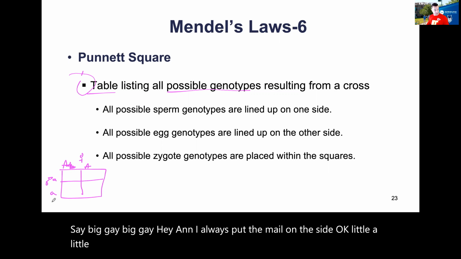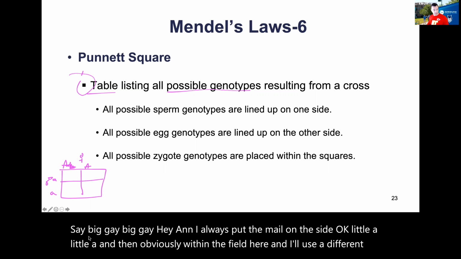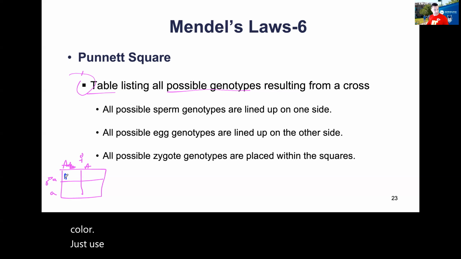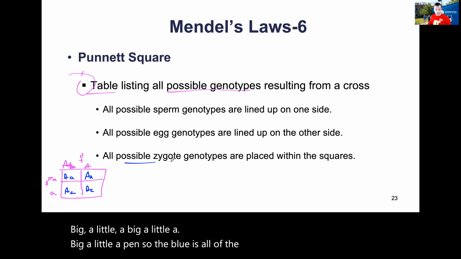And then within the field here, I'll use a different color, just use blue: big A, little a, big A, little a, big A, little a, big A, little a. So the blue is all of the potential zygotes. They're placed within the squares.